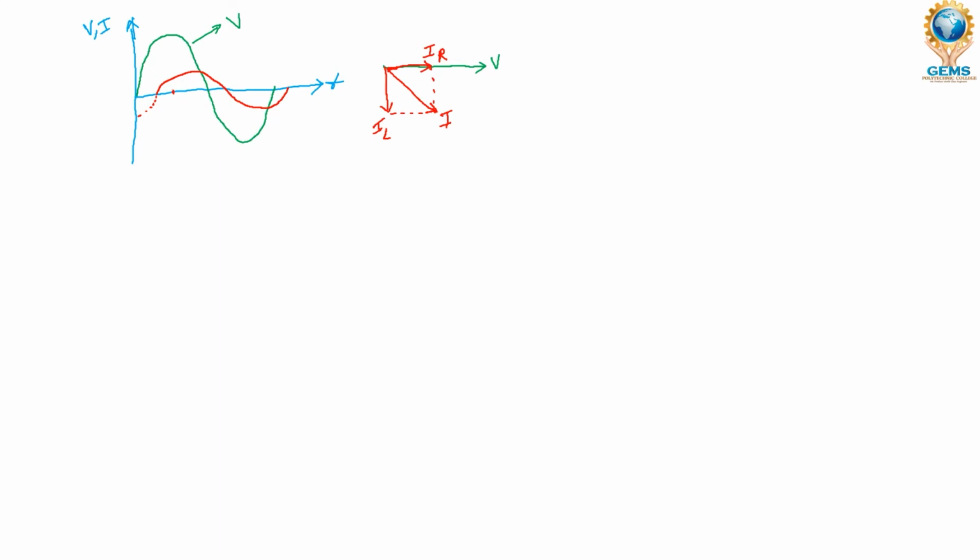If you see the impedance triangle, this is the resistance value, this is the inductance value, inductive reactance XL, here is the impedance, that is Z. The angle in the triangle is phi. From this impedance triangle, we can write Z equals square root of R square plus XL square.